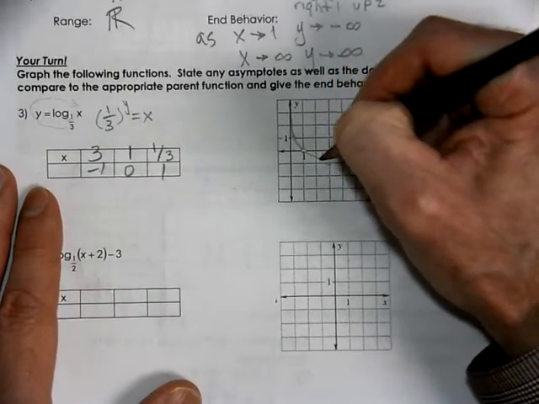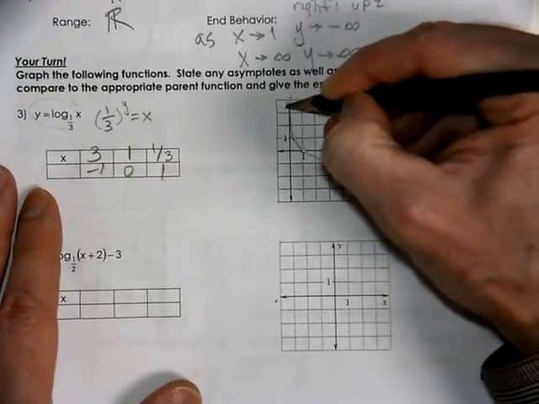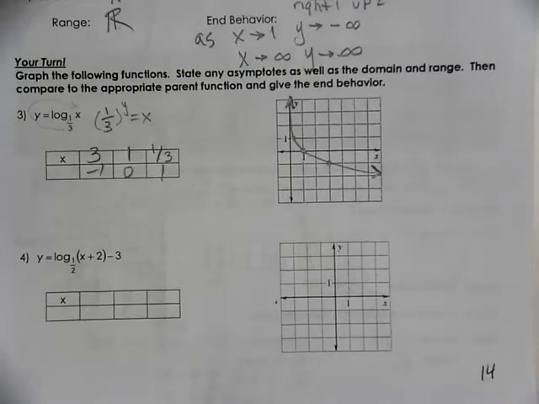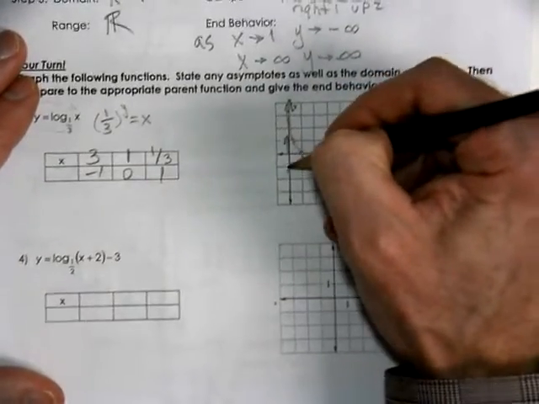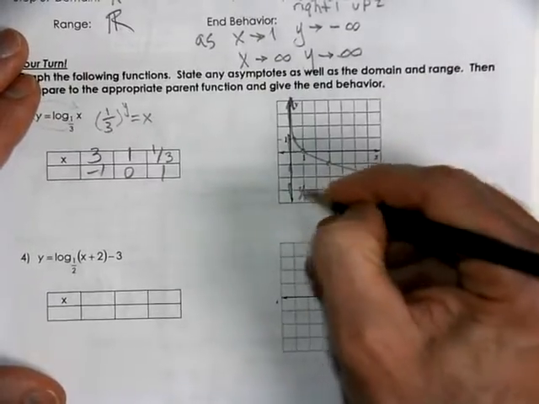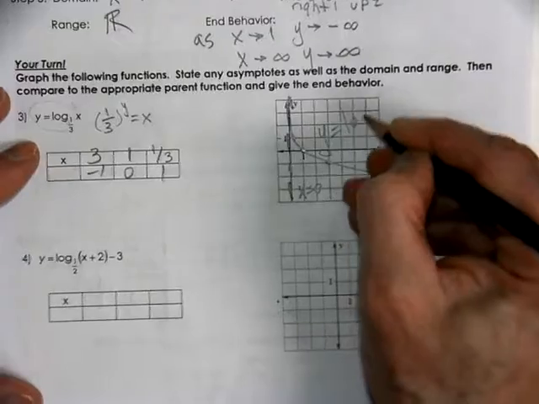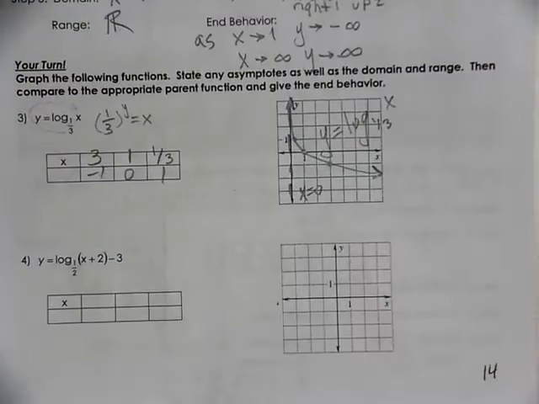So notice that when the b value is less than 1, but greater than 0 still, it's going to curve in a different direction. The asymptote is still the y-axis, which is x equals 0, and your graph is log base 1/3 of x.